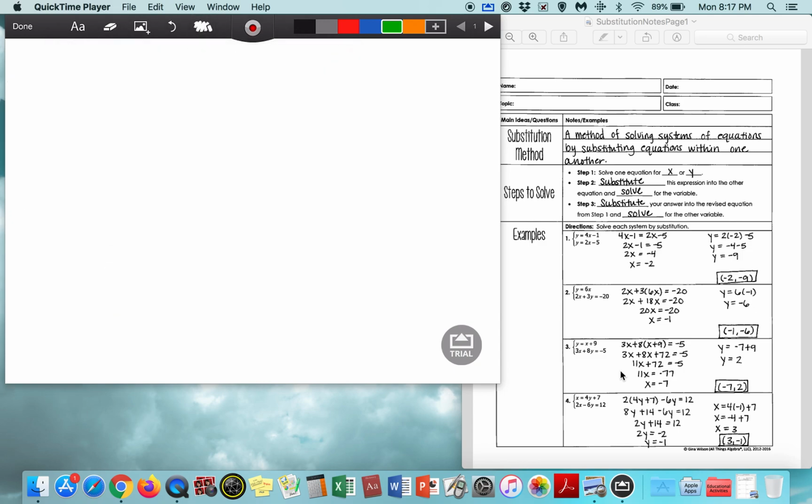The third one I'm going to do with you is number 1. It's the same kind of problem, but it has a uniqueness to it. I have two equations, and they both have the same variable by itself: y equals 4x minus 1 and y equals 2x minus 5.